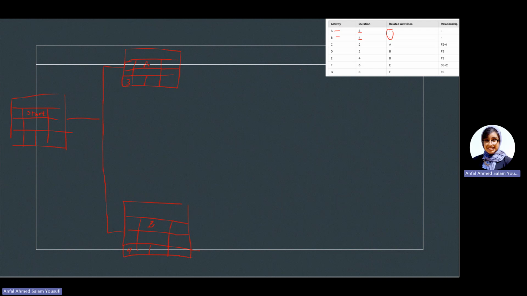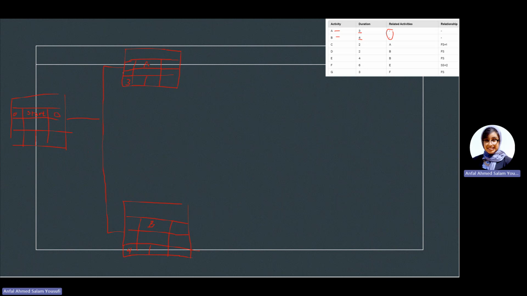You can either draw the whole thing and then start plugging in the numbers, or you can plug in the numbers as you move on. So what I'm gonna do is plug in the numbers as I go on. Okay, and the second exercise, I'm gonna do the opposite so you guys can see the differences between them. Anyways, as we know, the earliest start is 0.